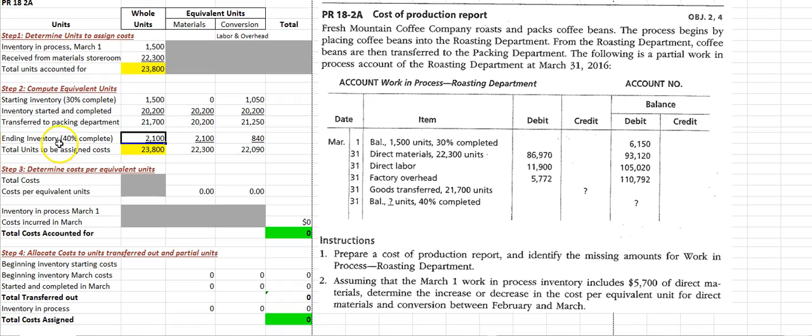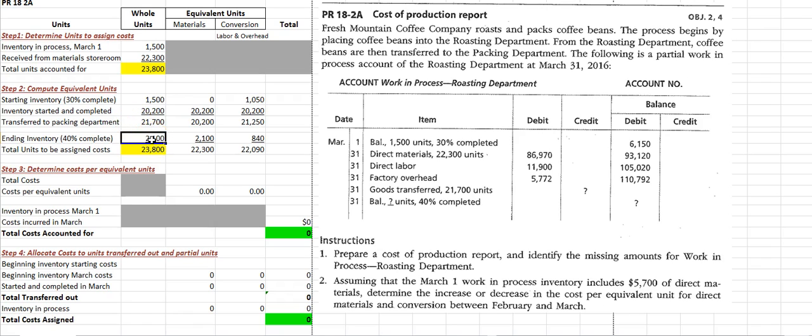Now, how much work did I do on this 2,100 units in the month of March? It has to tell me over here somewhere, and it says it right here. The balance, 2,100 units, 40% completed.